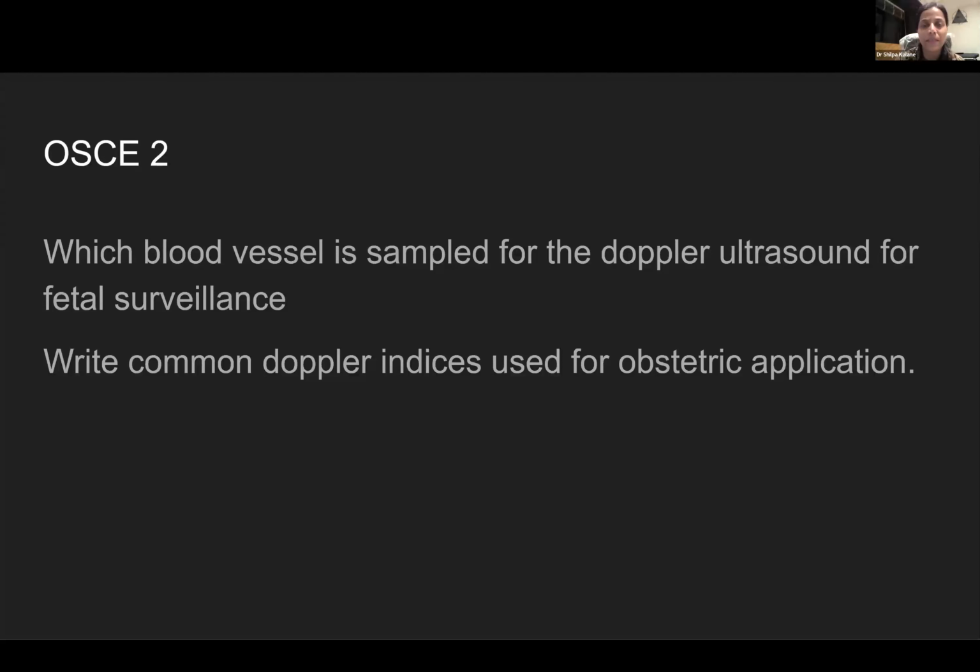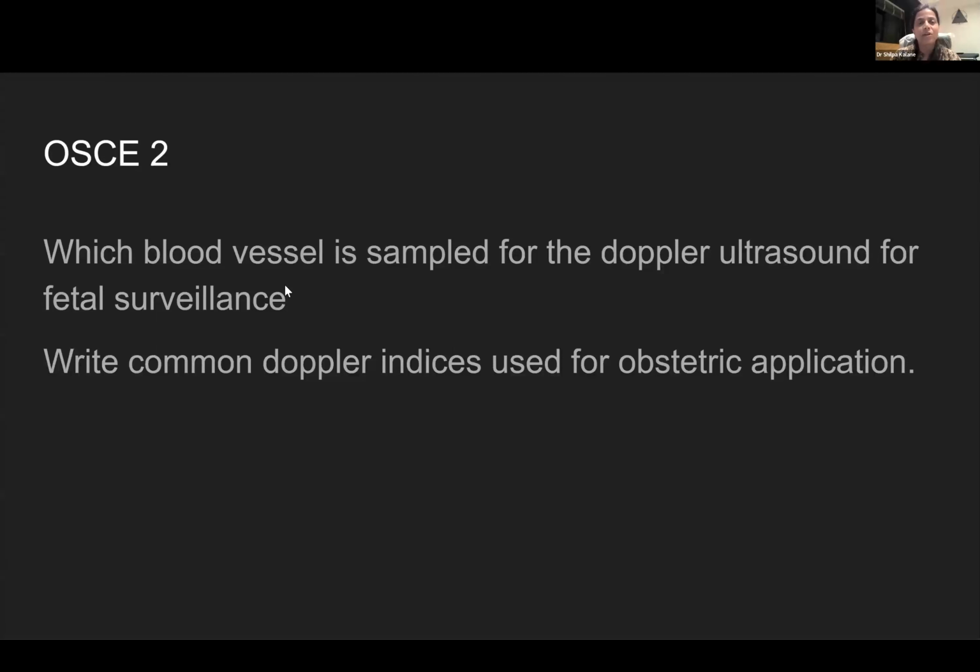Uterine artery, MCA. SD ratio. Yes. Which artery? Umbilical artery, ductus venosus. PI index. Tell me first which artery or which vein? Rani is saying umbilical artery. Sanika is saying umbilical artery. Ankita is saying ductus venosus.